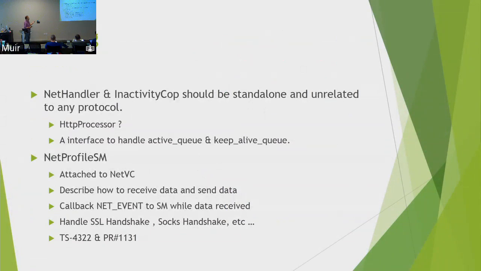It calls back the net event to the SM when data is received and the buffer is ready to write, and handles the handshake, as a SOCKS handshake. We have implemented the TCP profile, SSL profile, and the SOCKS profile. TS 4322 and PR 1131 have been pushed to GitHub.